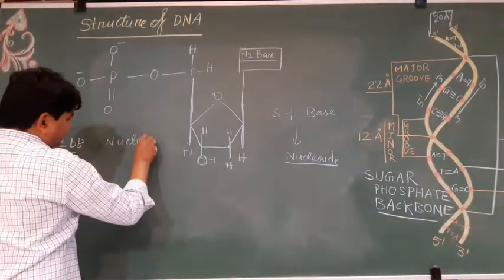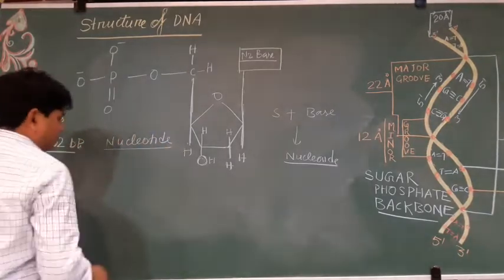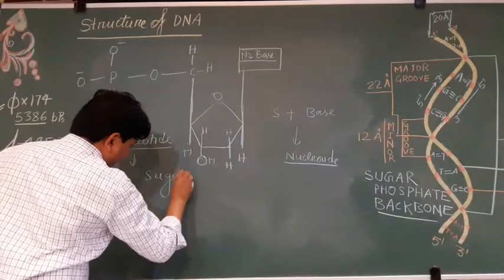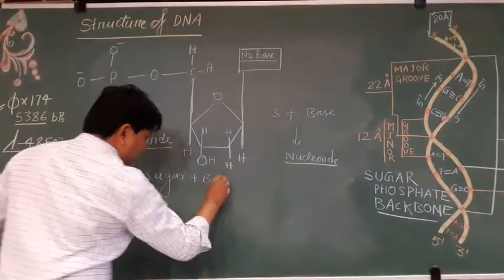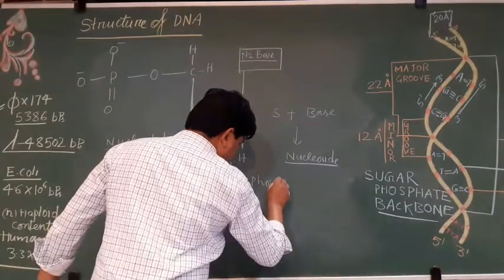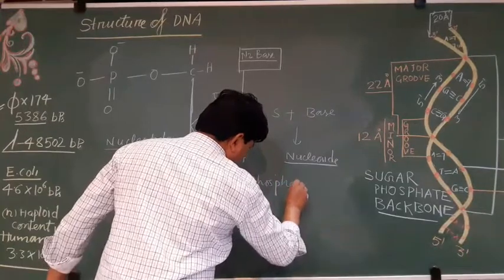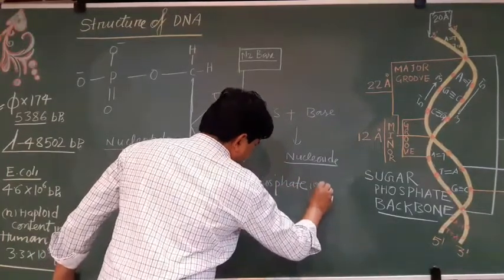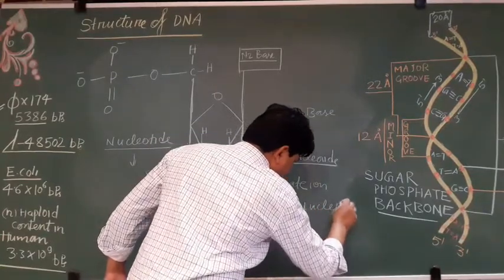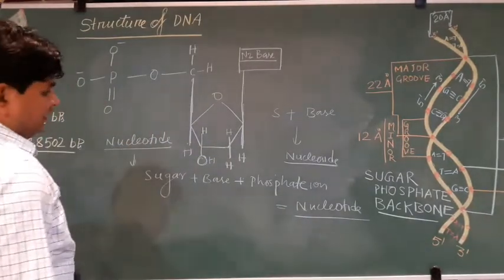Now this structure is called a nucleotide. So nucleotide means sugar plus base plus phosphate ion is equal to nucleotide.